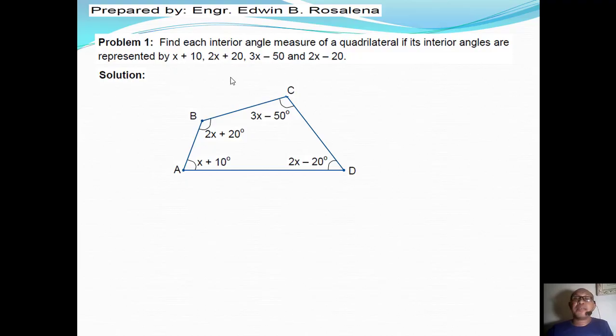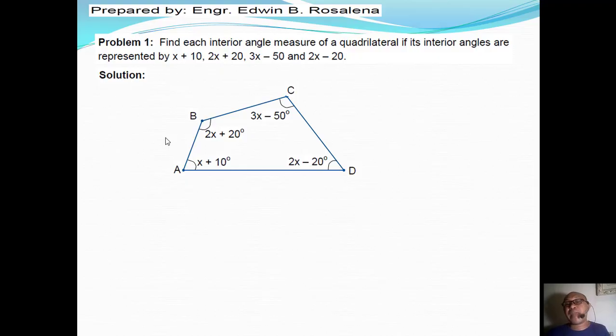So, what are the measures of each angle here? Okay. So, for a quadrilateral, we know that the sum of the four angles is equal to 360. Or we can compute it from the sum of the interior angles, n minus 2 times 180, where n is the number of sides.